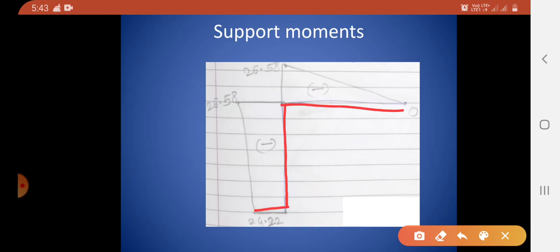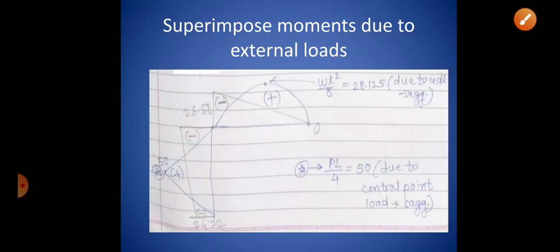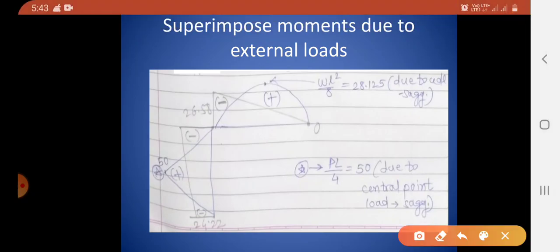Again MB hogging, therefore outside the frame, and MC is 0, therefore it is at that position. So join these points and you will get the bending moment diagram due to only support moments. Clear to all? Then on this support moment diagram, you have to superimpose moments due to external loads.